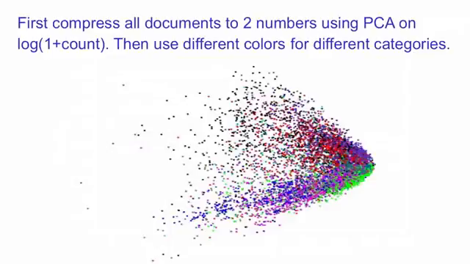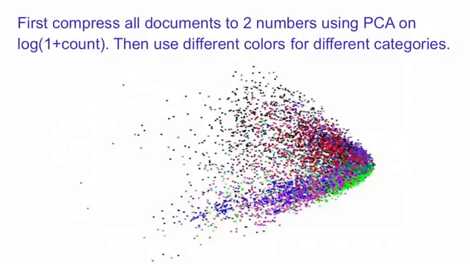The point of doing that is that it suppresses counts with very big numbers, which tends to make PCA work better. This is the distribution you get, and you can see there is some separation of the classes. The green class is in one place, the red class is in a slightly different place, but the classes are very mixed up.